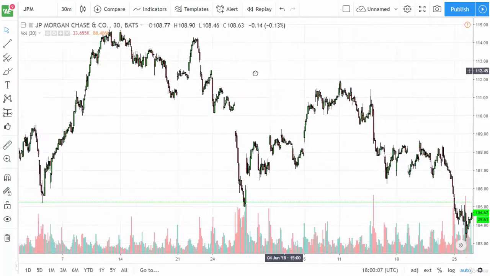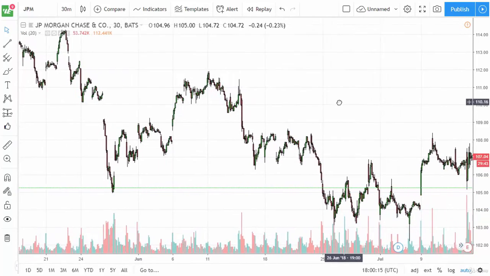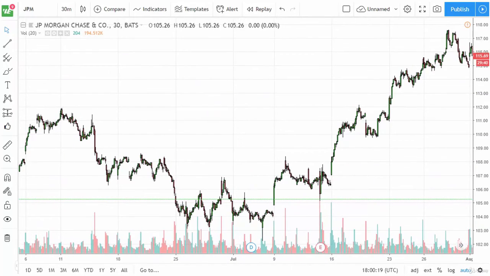So keep an eye out for that. That's a little bit more advanced and convoluted, so I won't go into it here, but it is certainly something that you will notice over time, that sometimes they don't work. You've got a perfect descending triangle, for example, and then you break to the upside. Well, a lot of times traders would treat that as a wedge. In other words, they try to trade to the top.